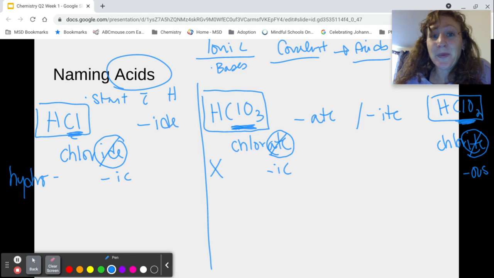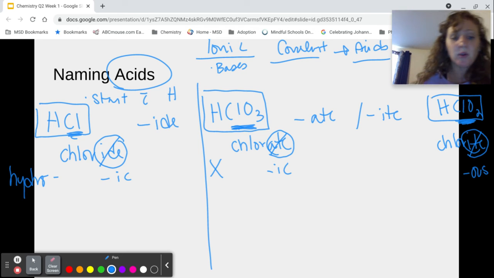Okay, so it takes a little bit of getting used to because you have to figure out what the name of the anion is before you can name the acid. But if you follow this system, you will learn to name acids. Let me give you a couple more examples.